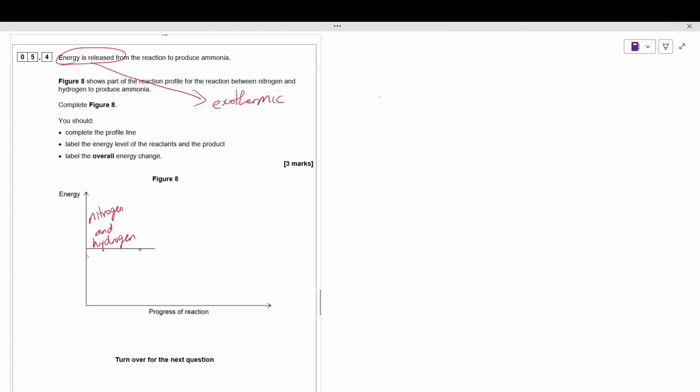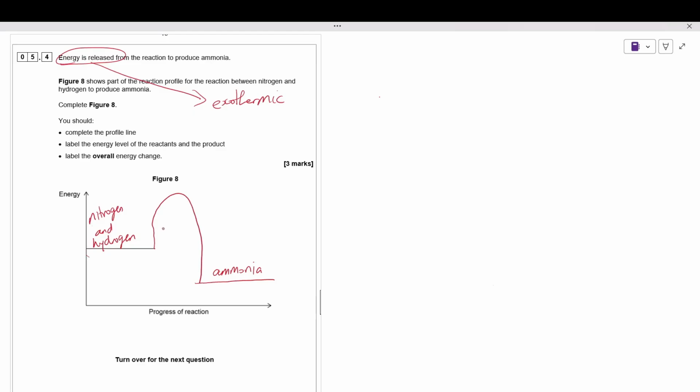And if something releases energy, what's left, which are the products, will now have less energy than it had before. So this line would represent my ammonia, which has less energy than my reactants. And then I'm just going to connect.